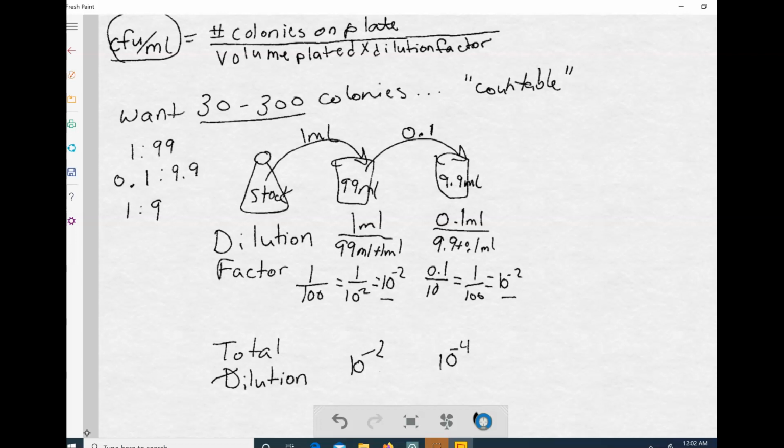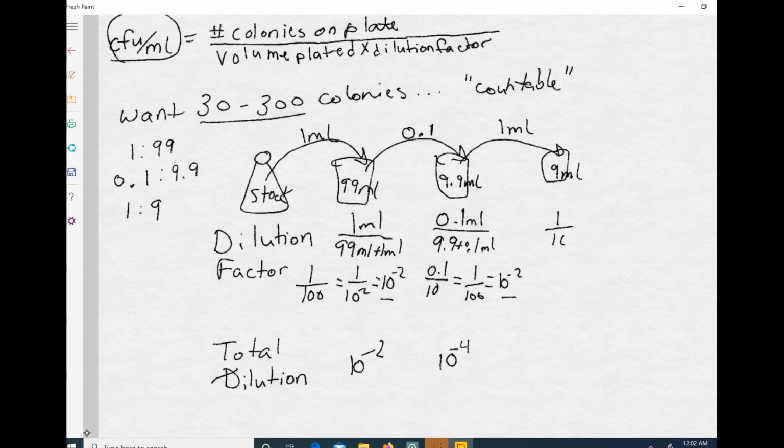One more step that I want to show you. Here I'm going to imagine that I have a container with 9 milliliters of fluid, and I'm going to once again move 1 milliliter. I moved 1 milliliter.